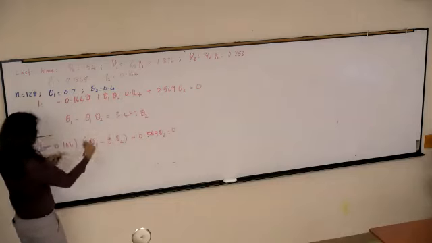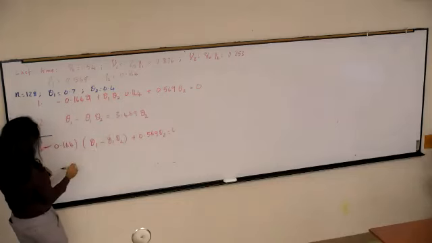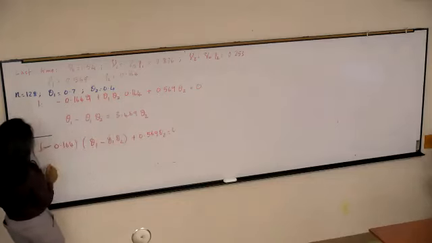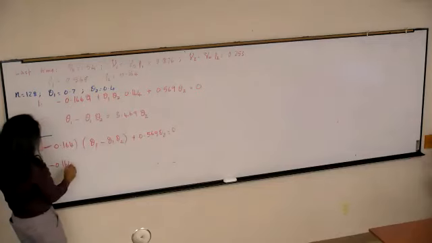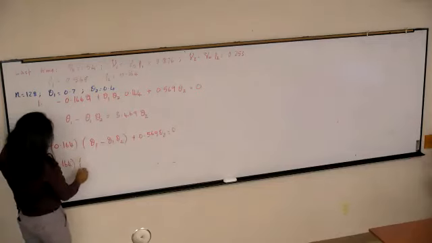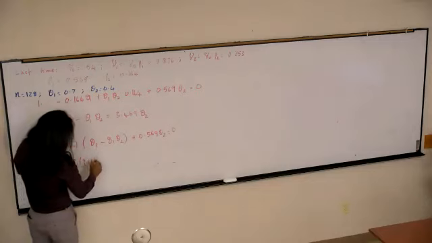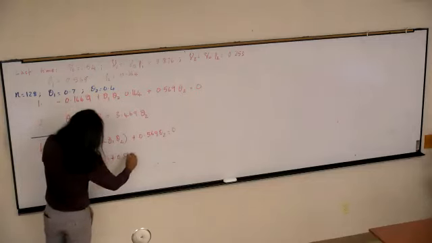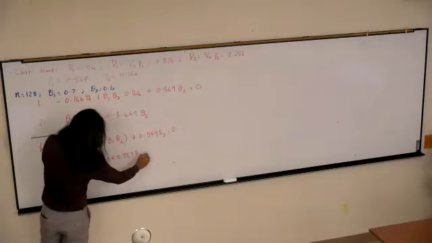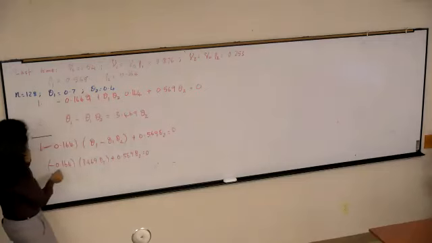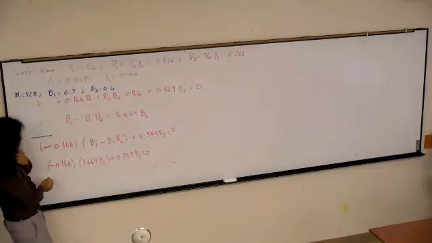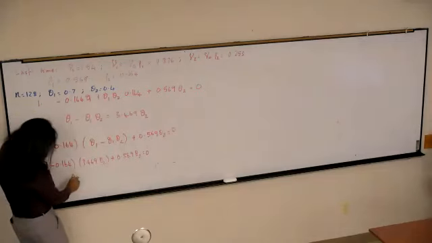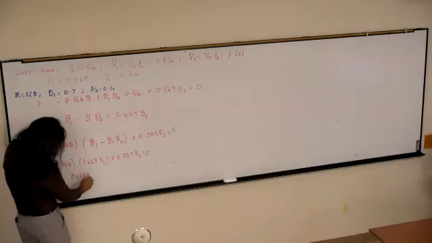Well, that is simply 0.469. Take that, put it in there. When you multiply those two, it would come to 0.469, with a negative.